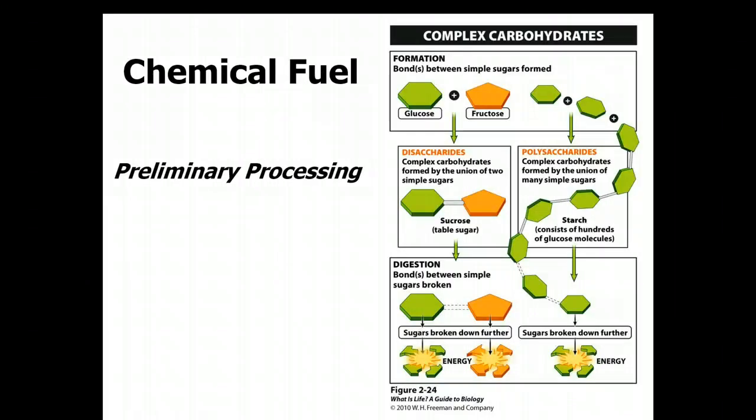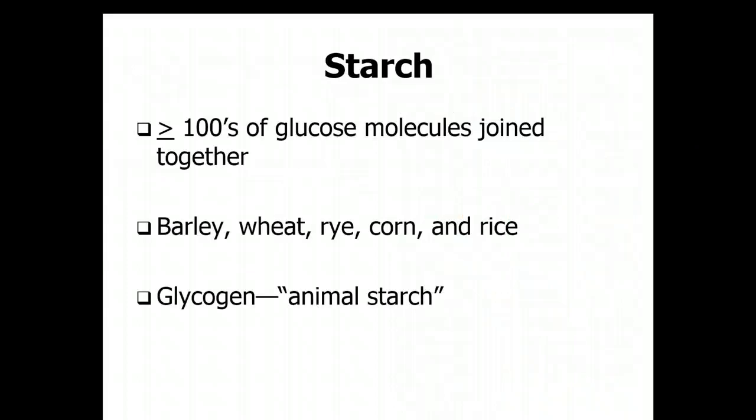So chemical fuels, as you can see, are the complex carbohydrates, and we can form bonds between the simple sugars and make chains, the disaccharides and polysaccharides, and then break these down during digestion in order to harvest the energy back. And that's really the basis for the formation of life, and life processes are based on that.